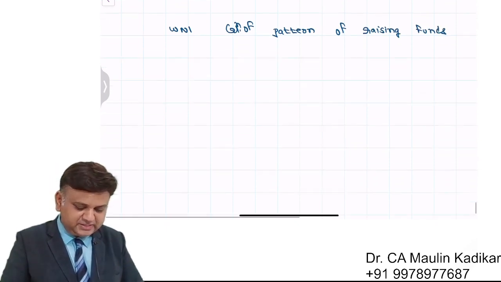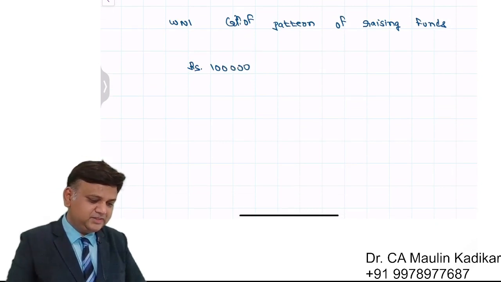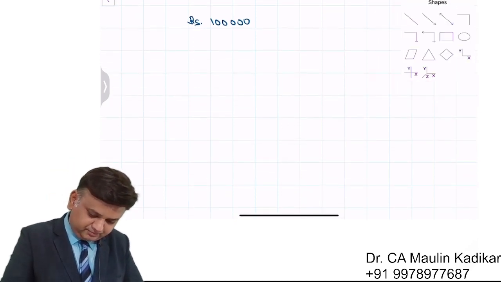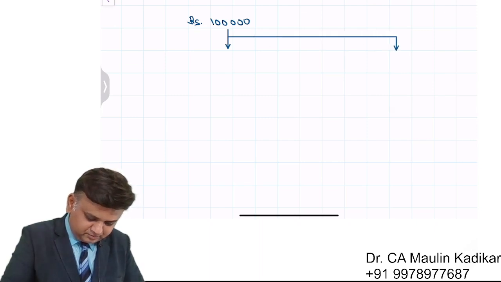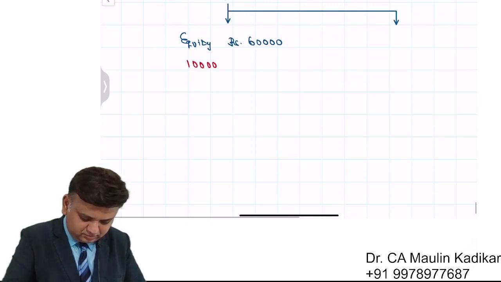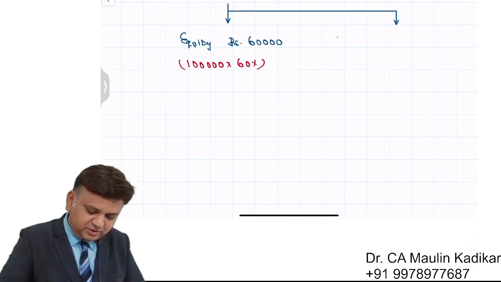See, the question provides that we require an amount of rupees 1 lakh, that is divided into two parts. We have been given that equity is 60% and debt is 40%. So equity is 60,000 and debt is 40,000.